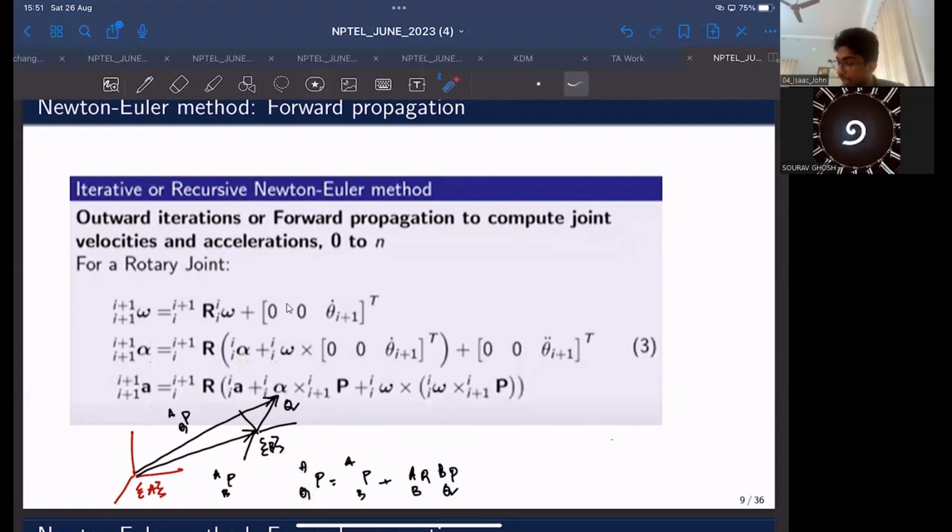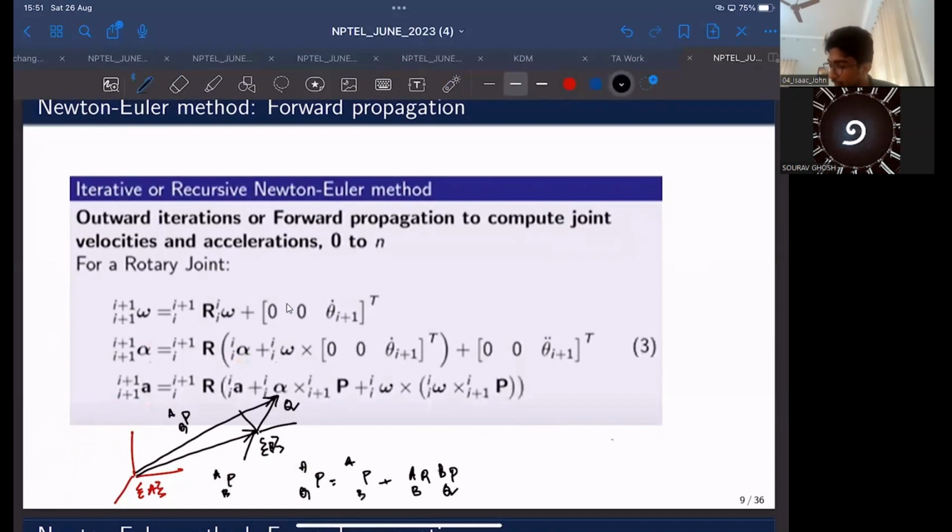And how these expressions, omega and alpha for the rotary case as well as the velocity and acceleration for the linear case, are derived is from this general expression, by taking subsequent derivatives.